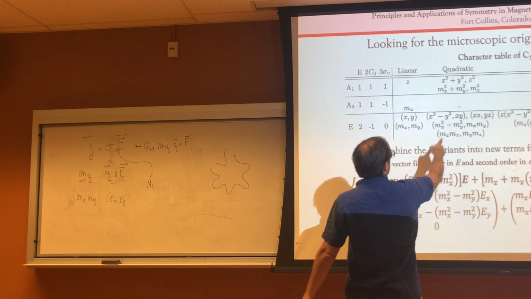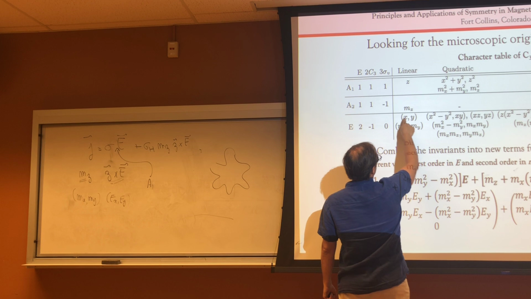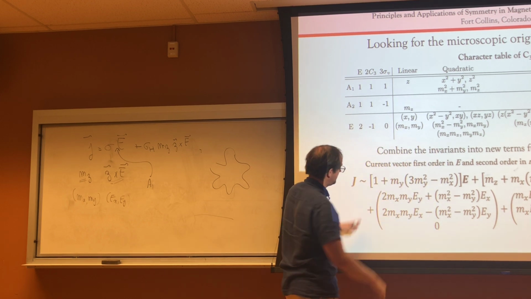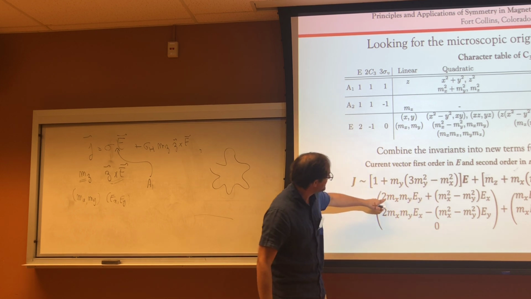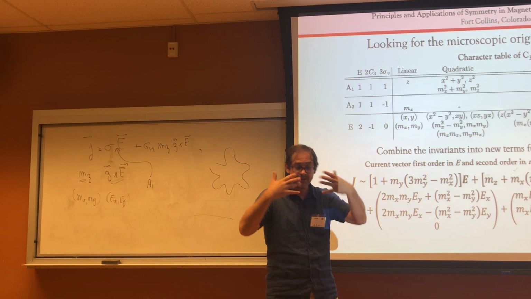Then we can also look at the quadratic terms. So we combine those guys. We can also combine those guys. And when we do that, we end up with a term that is a bit strange, but that depends on the magnetization squared. It's even in magnetization.